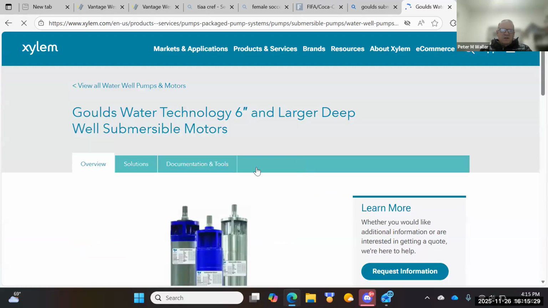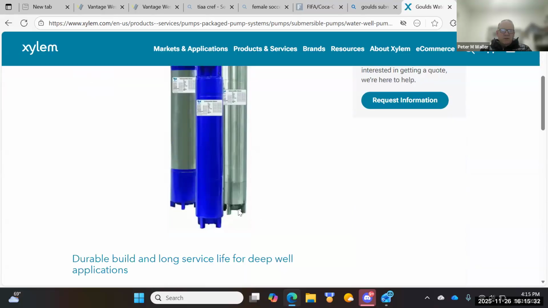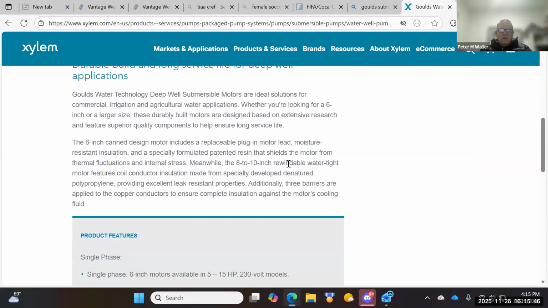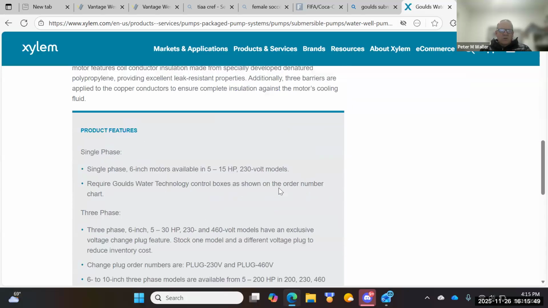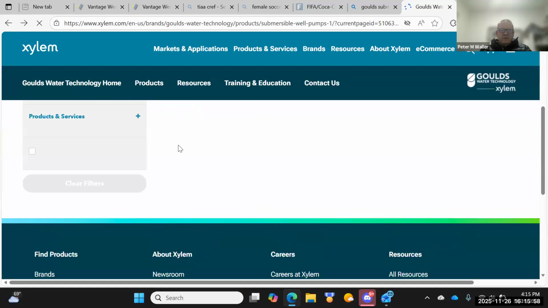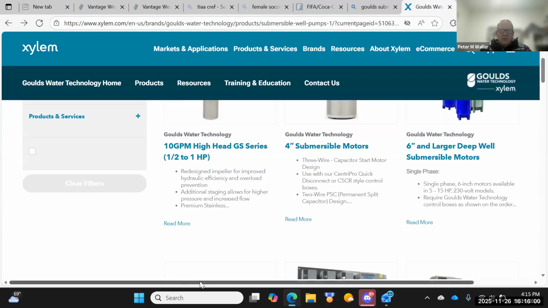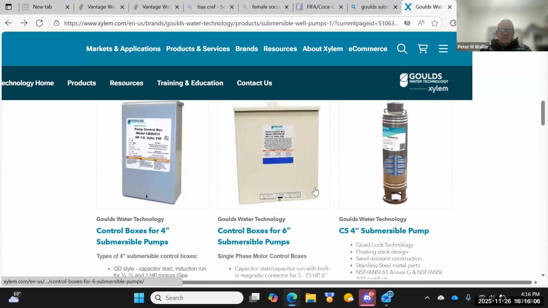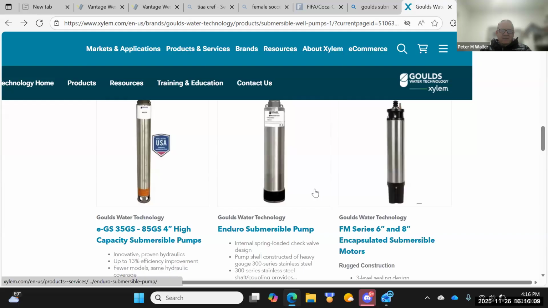So here we have 6-inch and larger deep well submersible motors. So these are the motors that hang down in the well and they turn the bowls in the pump. So you have an electrical wire coming down. So that's half the pump, the motor. The motor's down there in the well. And then the other half of the pump is the bowls. And they're not even showing us the bowls, probably because they don't want us to pick them out.